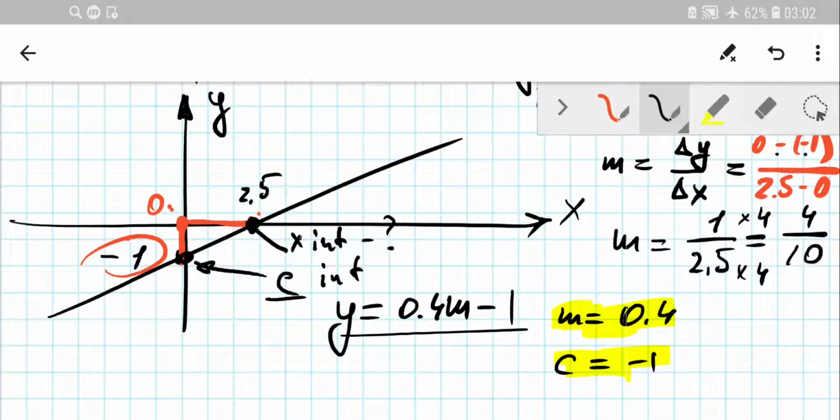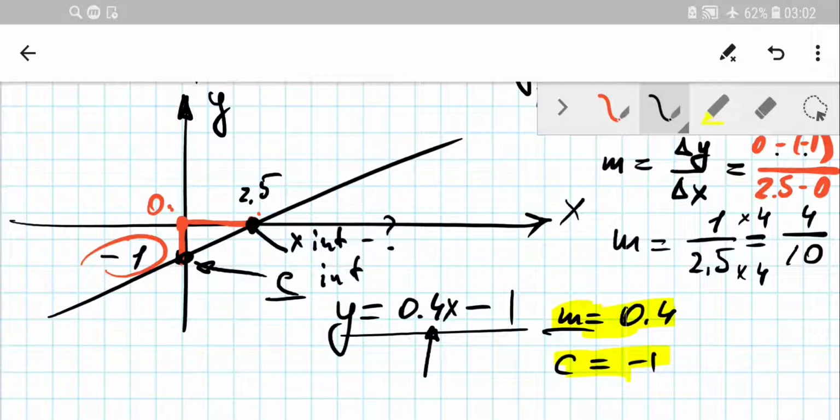For the x-intercept, let's say this point, let's pretend that we don't know that it is 2.5, but we want to find it using our equation. So, sorry, by the way, it should be 0.4x minus 1, because m was the coefficient.